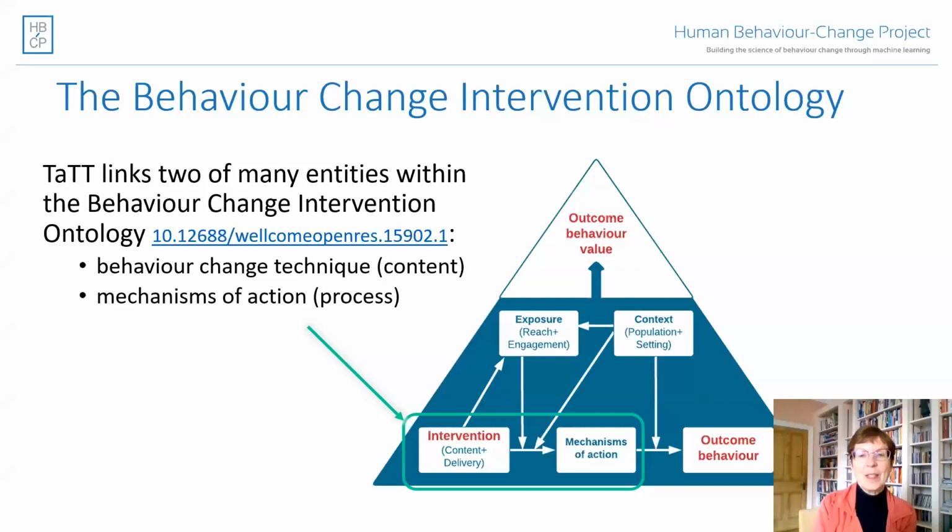It is also moderated by the context, the type of population and the setting. And if you want to understand what's going on in terms of the effect of an intervention on an outcome behaviour, then you really need to think about all of the entities that are in the blue box working together, not separately.